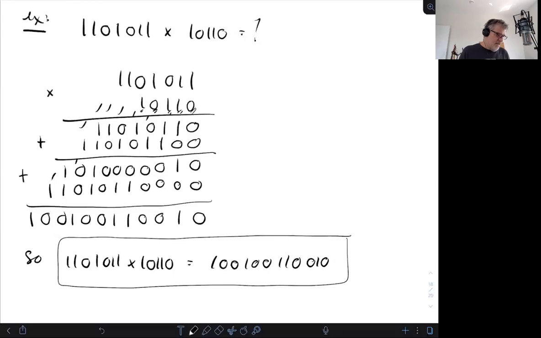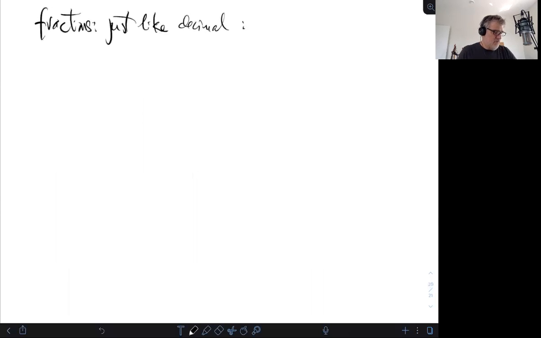Now, the last thing I need to say is, what about fractions? Well, it's exactly the same as in the decimal case. So here is a smaller example, just to finish my last example. So fractions, just like decimal, you count the number of bits in the fractional parts, right?